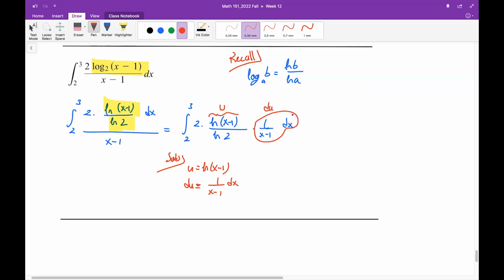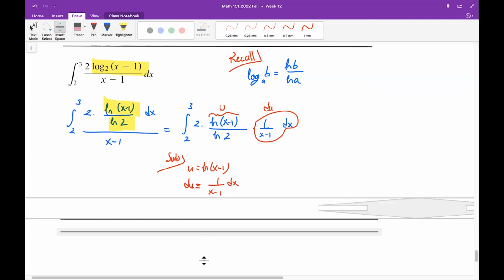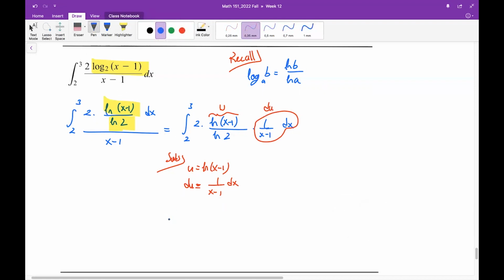That's why it is possible to rewrite this integral in terms of u's and du's only in this way. So 1 over ln 2 is just a constant in front, right? I can just take it out. This is just a constant. So we have u times du.